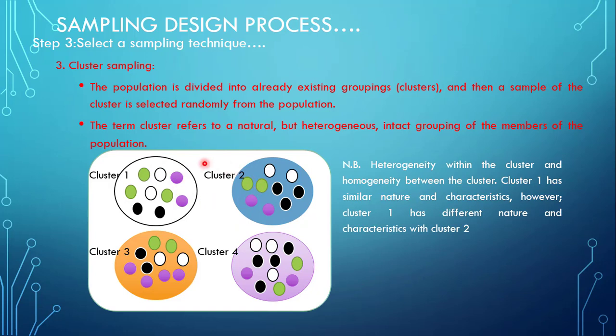So in cluster sampling, you are going to select the group as a whole. After dividing the population into clusters, you are going to pick one or two clusters based on the sample size.